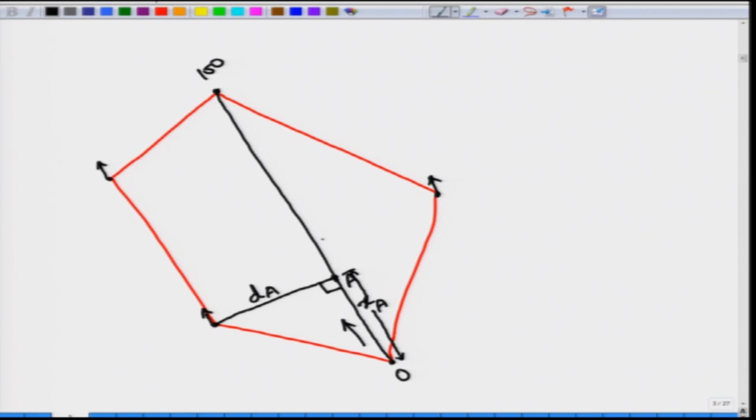Now, you start moving even further, and then you reach the next point.